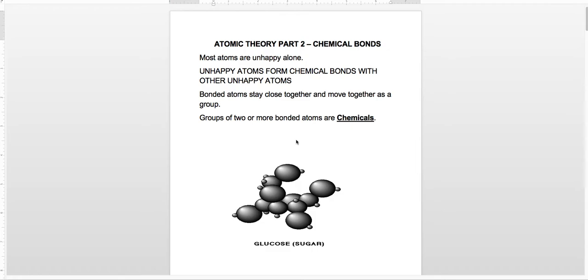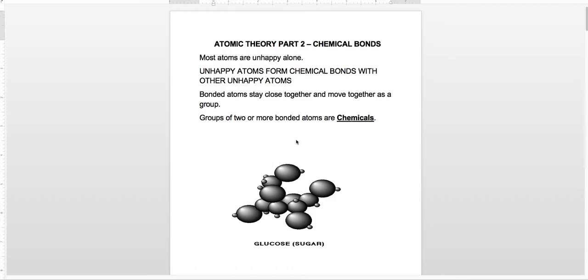All atoms are made of those same three particles, but there are different kinds of atoms that have different numbers of those particles. Last time we talked about the periodic table of elements, which is a listing of different types of atoms where the atoms are separated into different boxes based on what's called their atomic number, which is how many protons or positive particles they have in the center.